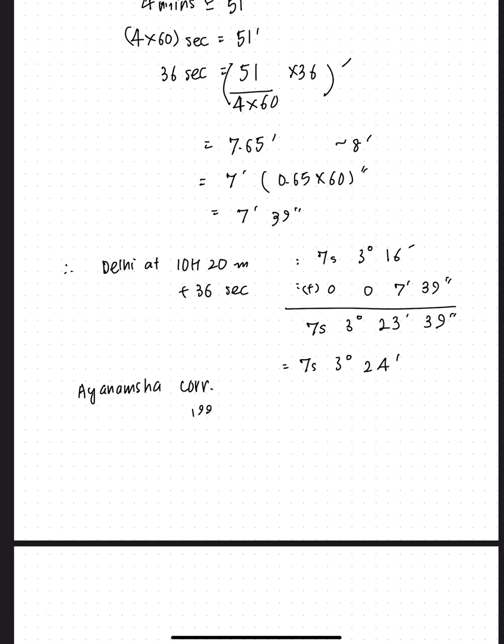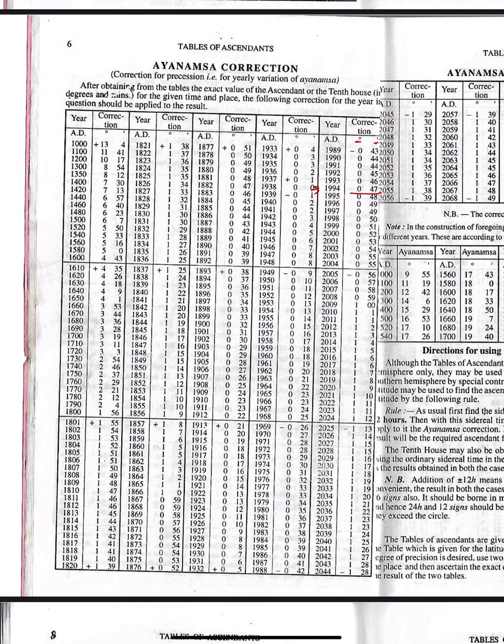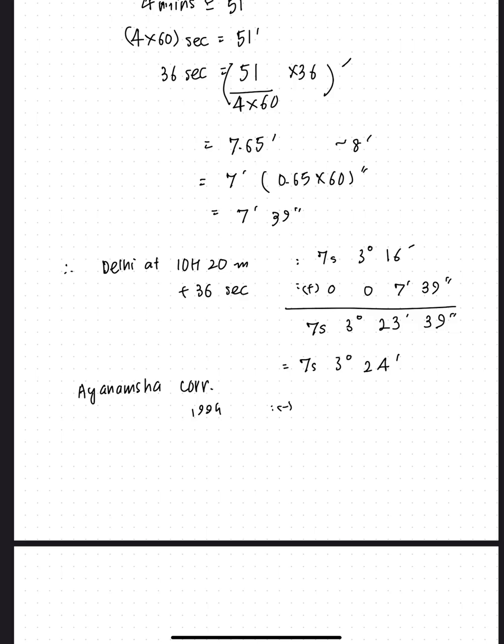So for 1994, we have, oh yes, this was the sign, I forgot. Minus 0 signs, 0 degree, 47 minutes. So our answer is 7 signs, borrow, 2 degrees and 37 minutes.